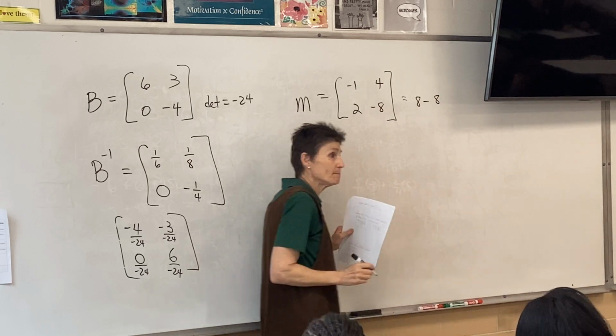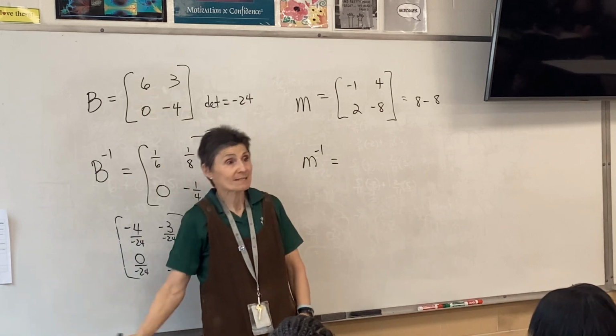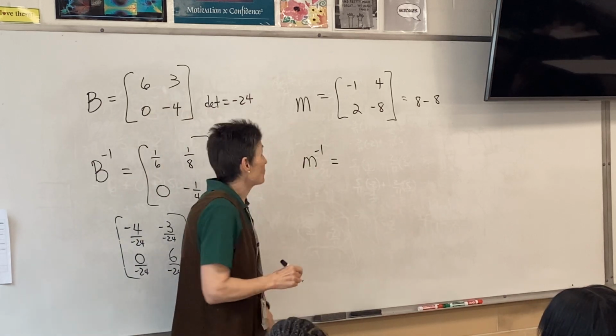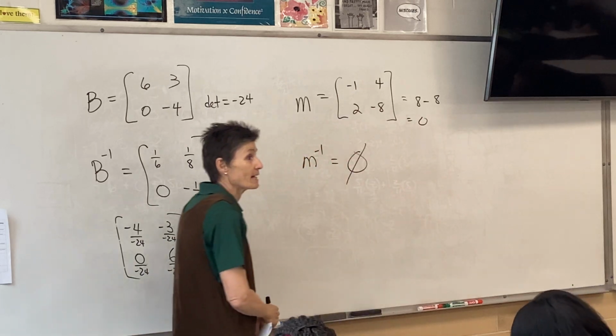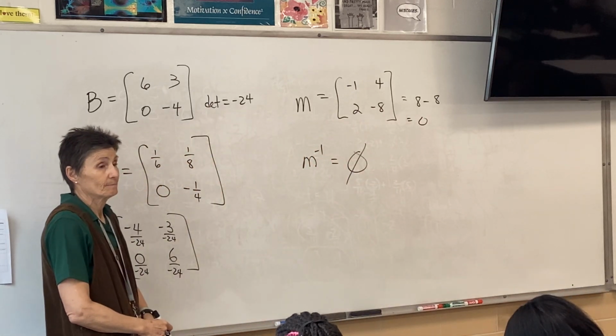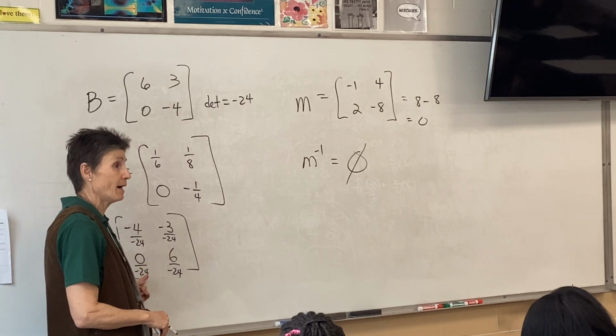But I subtract them. Remember, it's this minus this, right? So the determinant is 0, which means the inverse cannot exist, because you can't divide by 0.